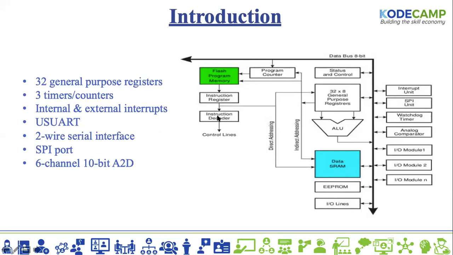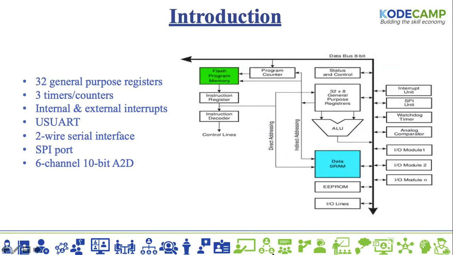It has the control line, the instruction decoder, and the instruction register. So when you send a program to it, your program goes through the whole of these, from this point to this other point to this other point, before giving you an answer.